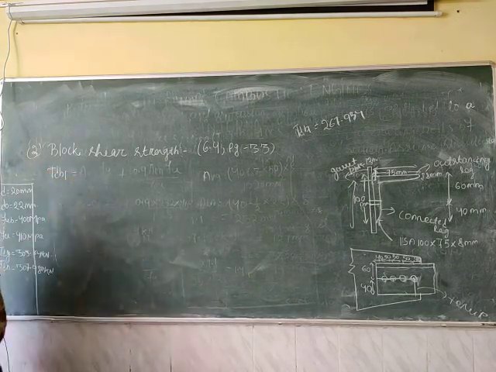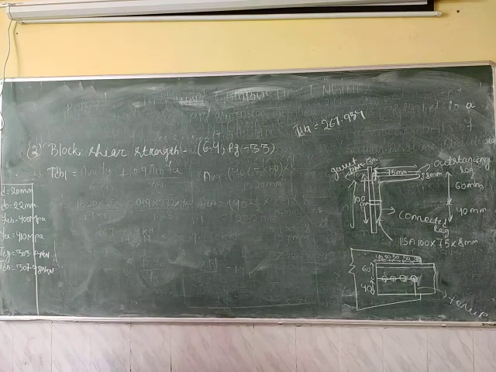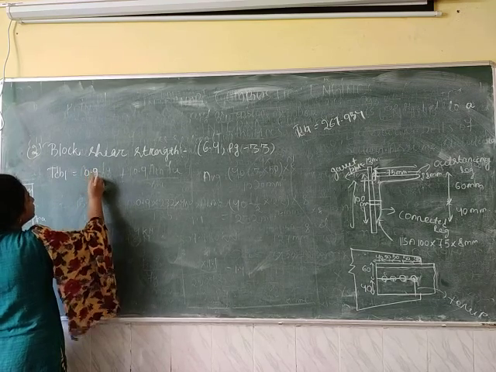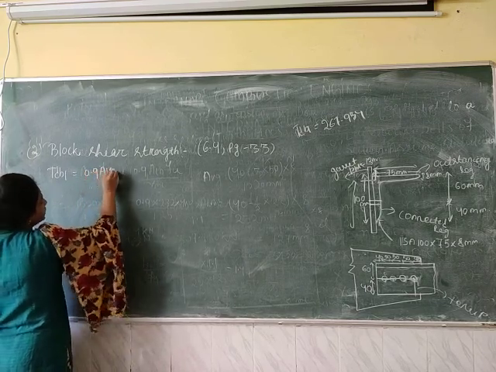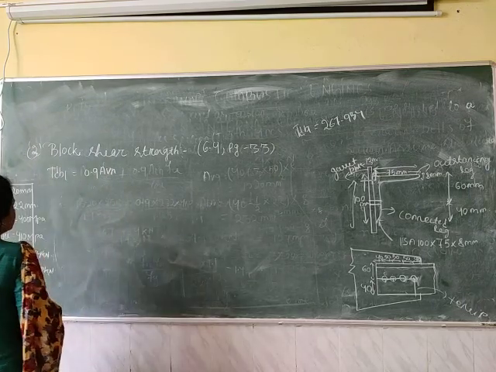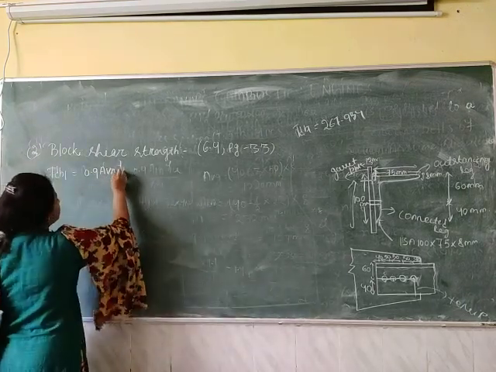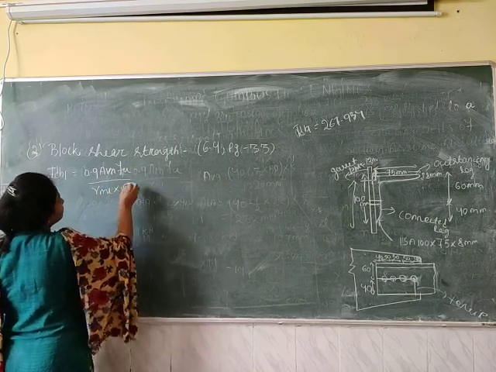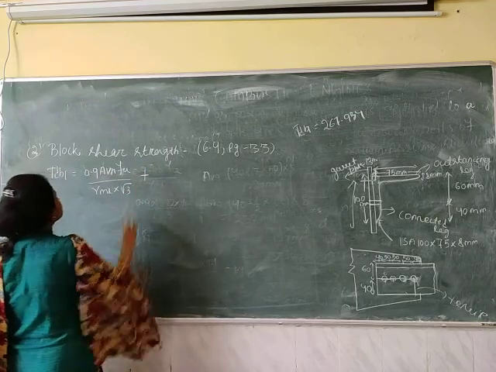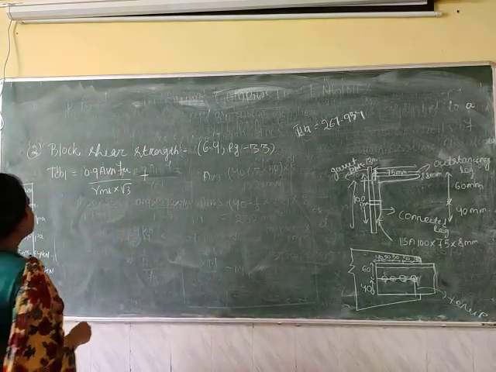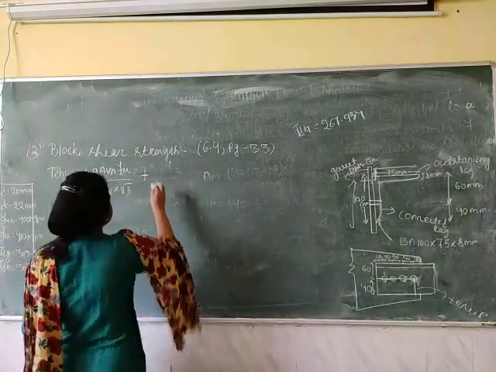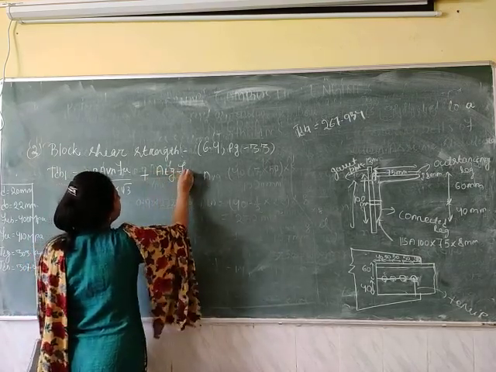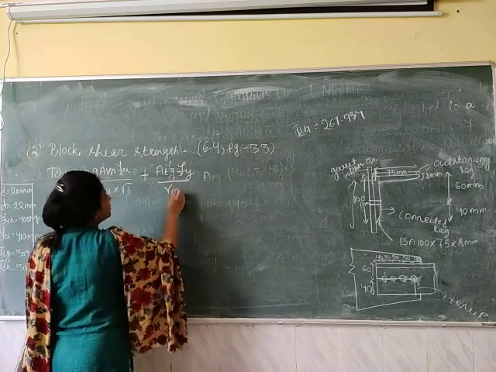So for the rupture of the shear plane, the formula will be 0.9 into AVN into FU divided by gamma ml into root 3, plus yielding of the tensile section, so ATG into Fy divided by gamma m naught.